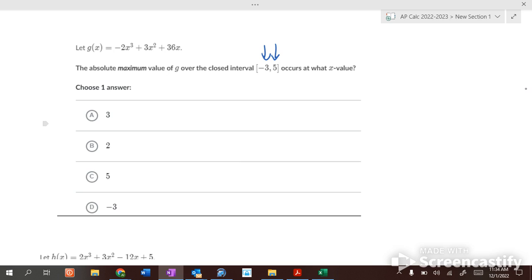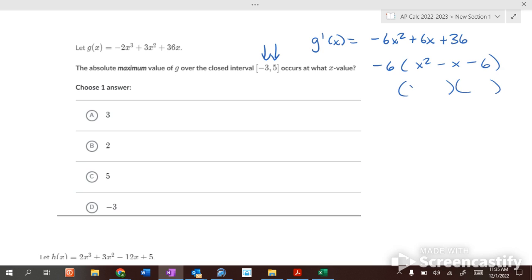So it's the first derivative, which is... so if we factor out a negative 6, we get x squared minus x minus 6, right? So it's x minus 3, x plus 2.